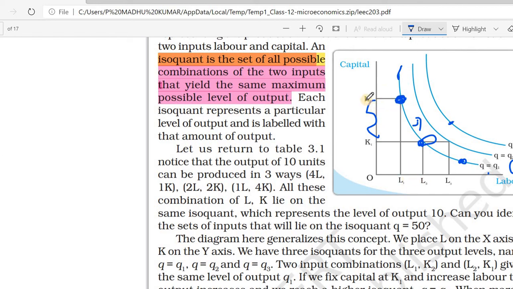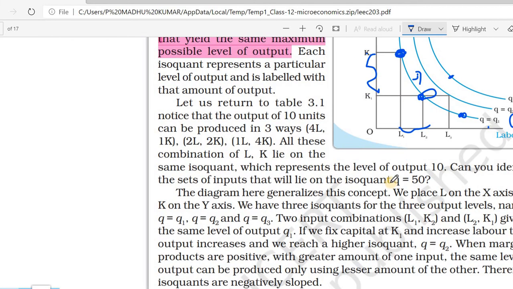Here you can see at K1, he is leaving this much capital and choosing labor. Because of this, isoquants are negatively sloped. Because the marginal products are positive, these isoquants slope downwards.